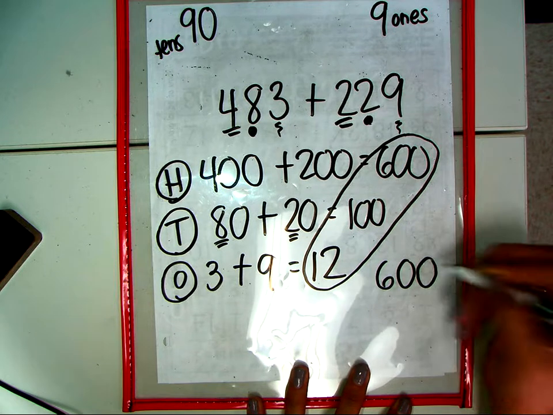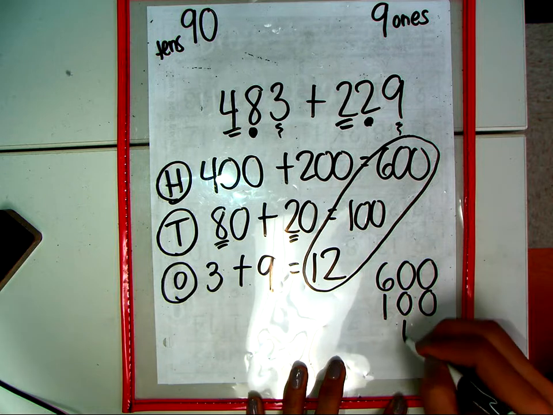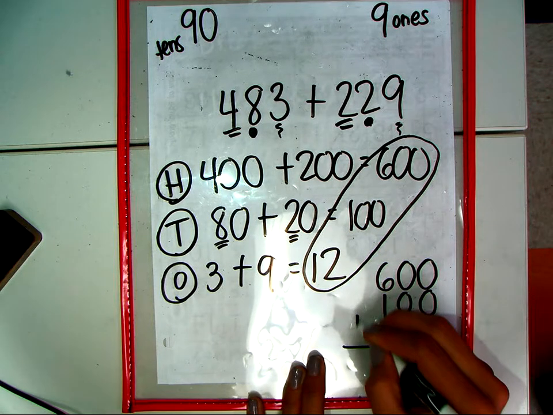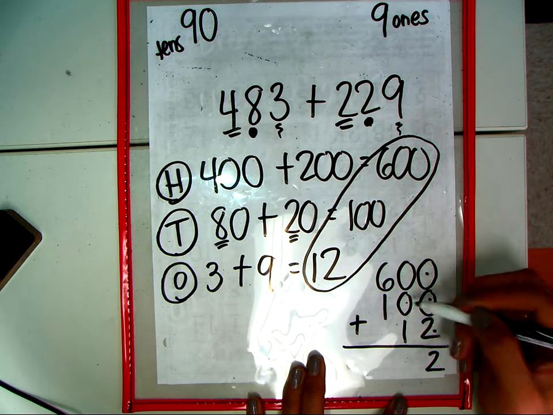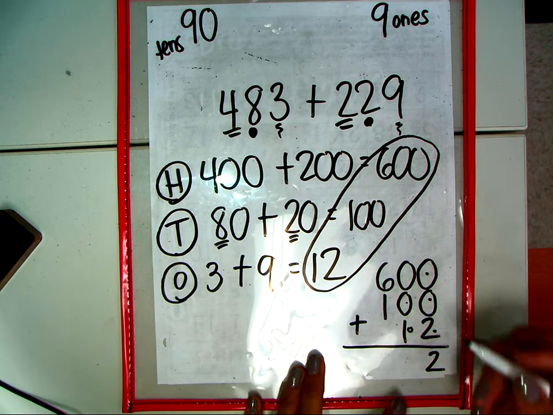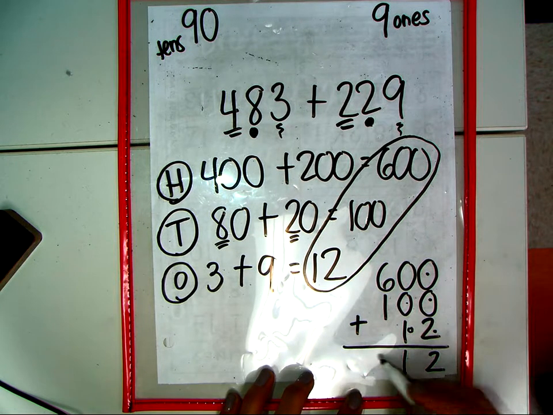It's good practice for when we learn the regular algorithm. 0 plus 0 plus 2, 0 plus 0 plus 10, or one group of 10, and 600 plus 100 is 700 for my final answer.